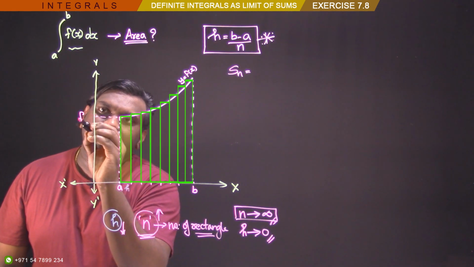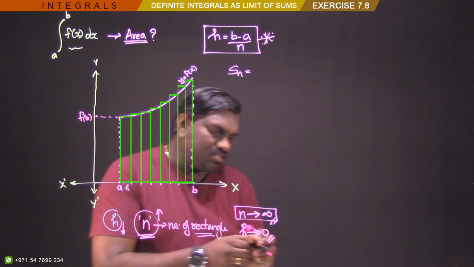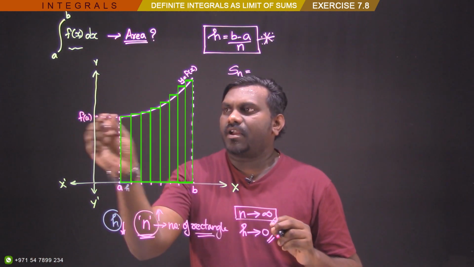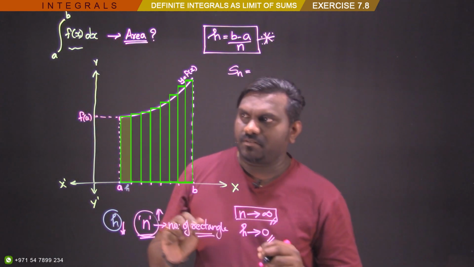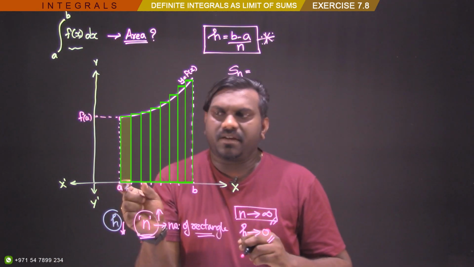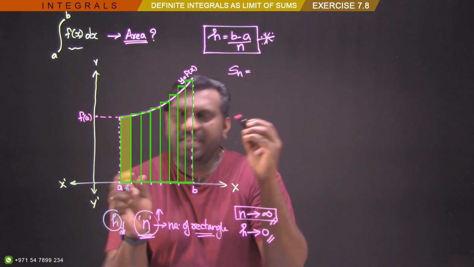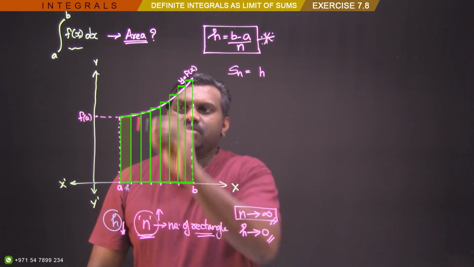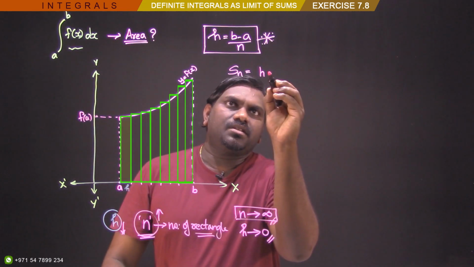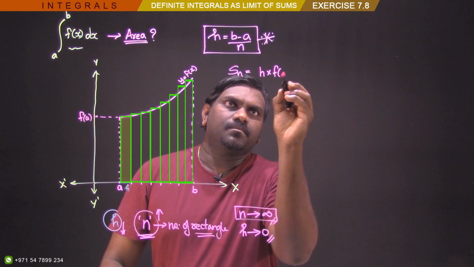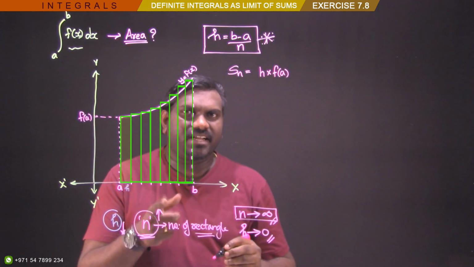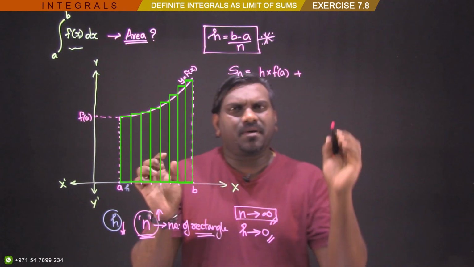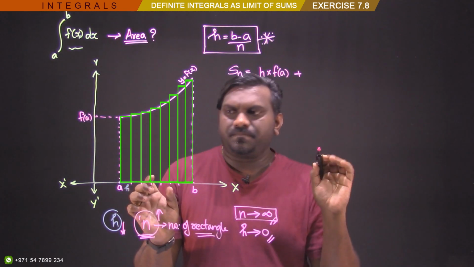This point is nothing but f of A. Please do note that one. That is f of A. If A is the point, then the value is f of A. So what will be my area, dear? The area would be, this is H, H into your height. That should be that rectangle's area. What is it? That is going to be H times f of A. Fine. Getting it, I think, right? It's very easy. I have a rectangle area.